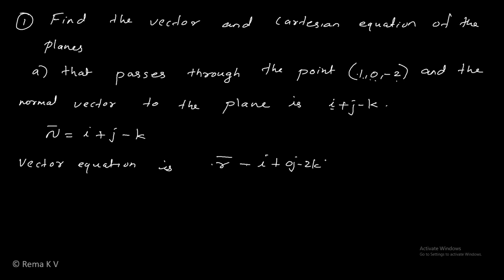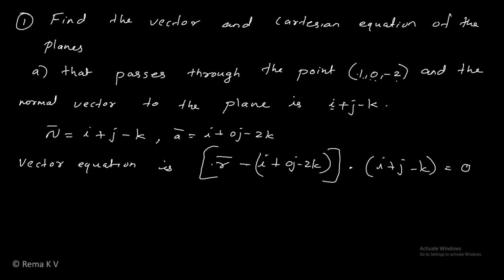So (r minus (i plus 0j minus 2k)) dot (i plus j minus k) is equal to 0. This is the vector equation.